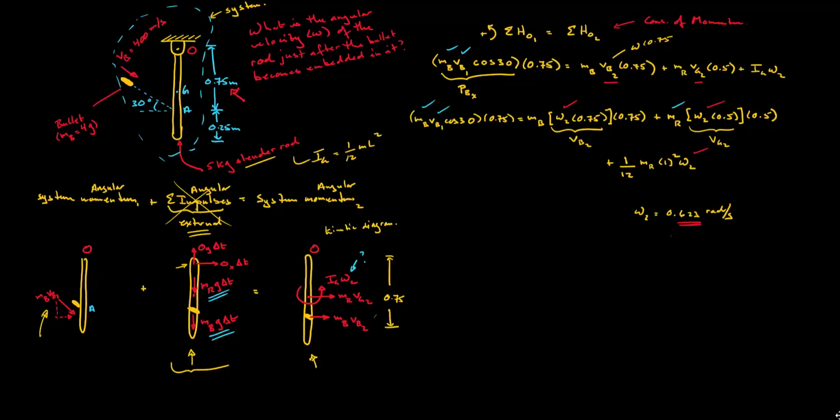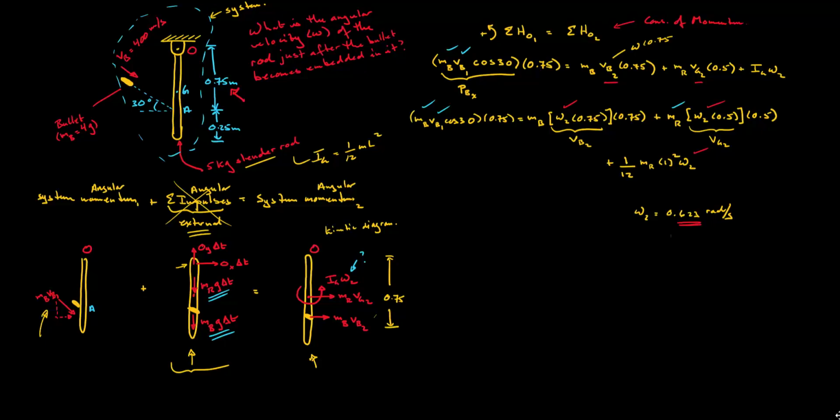So if we look at the angular impulse and momentum, we would have the angular system momentum at time 1 plus the angular impulses is equal to the angular system momentum at time 2. Now, looking at our graphical representation, we see that about point O, there are no angular impulses. That is, there are no forces that are causing moments that would be applied over that small time delta t.